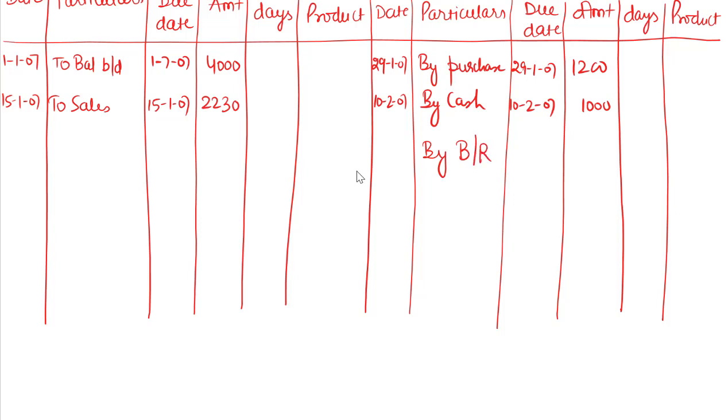The due date is 13th of March 07, 1 month, so 13th April 07. The 3 days of grace are not applicable, because it is specified in the question. In the amount column, 2000.